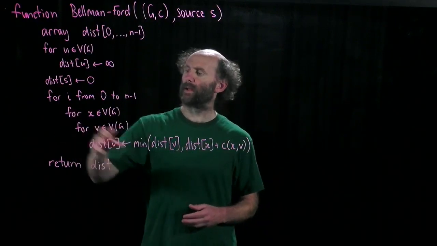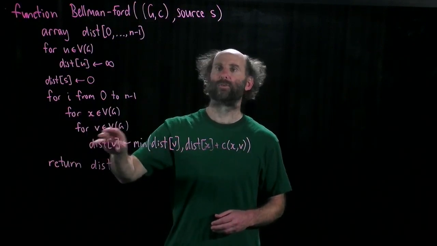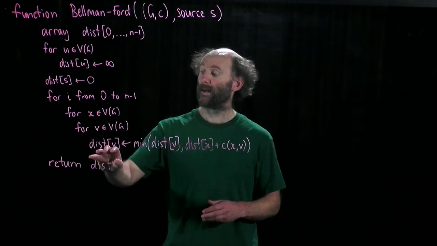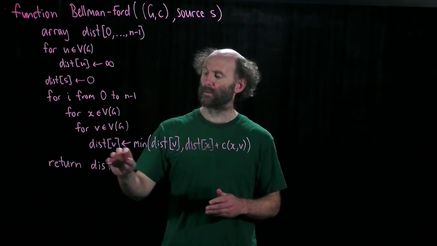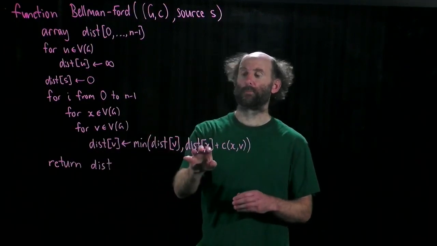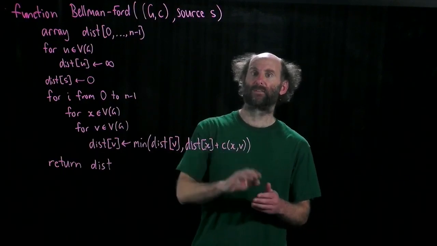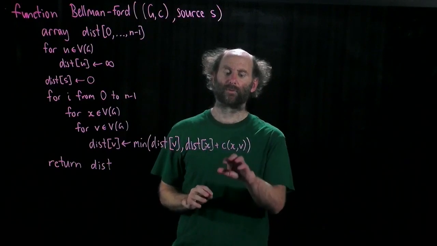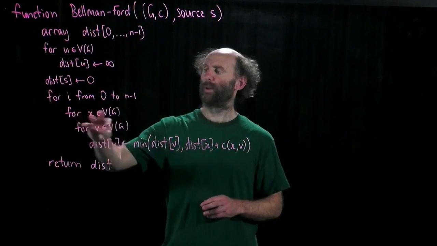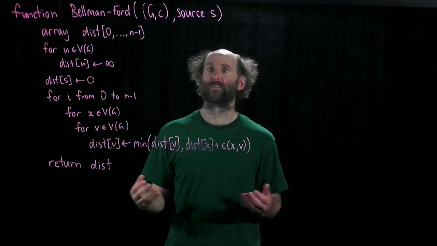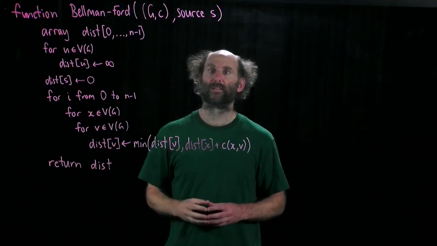And the inner loops choose a node x and a node v, and ask whether the minimum cost of a path to v can be improved by considering the path that goes through x and then extending that path from x to v at a cost, of course, of c_xv. It just iterates through all pairs of vertices x and v. Once we've done that n times, we'll simply return the distance array.